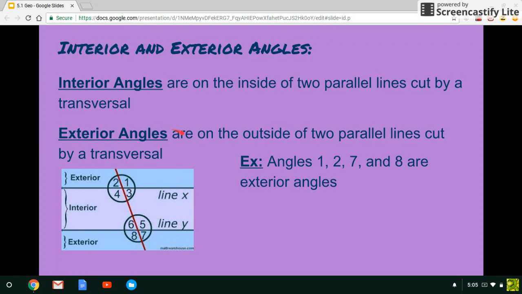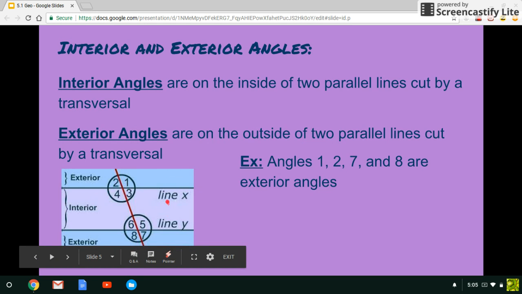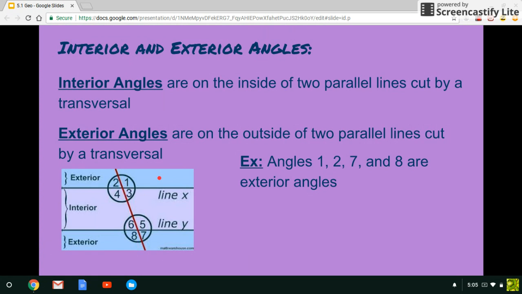So let's get a picture of this here. So the exterior angles are angles 1, 2, 8, and 7. So they're on the outside of the parallel lines. And then the interior angles are 3, 4, 5, and 6. They are on the inside of the parallel lines. So right here we've got the inside, they're interior, and we have the outside for exterior.